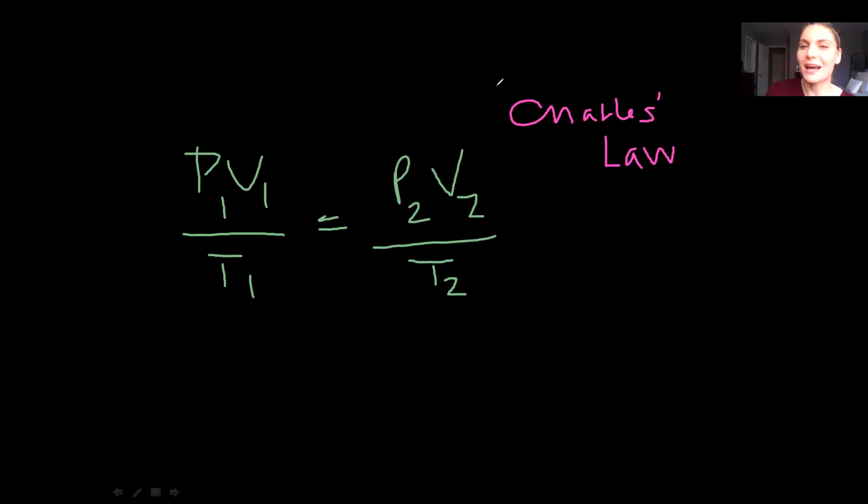So pressure was constant, meaning pressure isn't changing. So we remove P1 and P2. What this is saying is that the initial volume over the initial temperature equals the final volume over the final temperature. Again, we can look for any of these variables; as long as we know 3 of them, we can figure out the 4th.